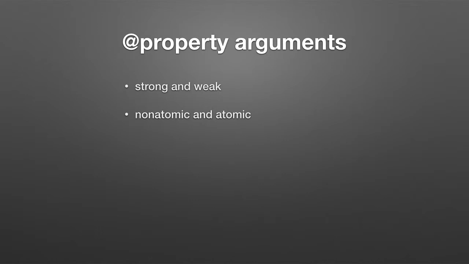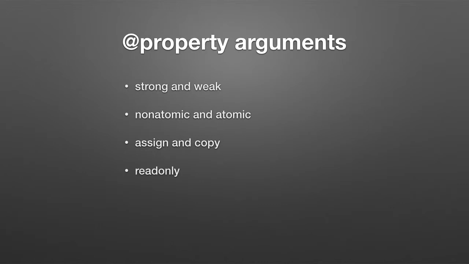There's also the notion of non-atomic and atomic. So far we've only used non-atomic. Atomic provides the semaphore protection necessary when you have multiple threads. We've used assign, and that was used when you had a simple type like an integer, which is really just an int. There's also copy, where you can actually have the object copied as opposed to just referenced.